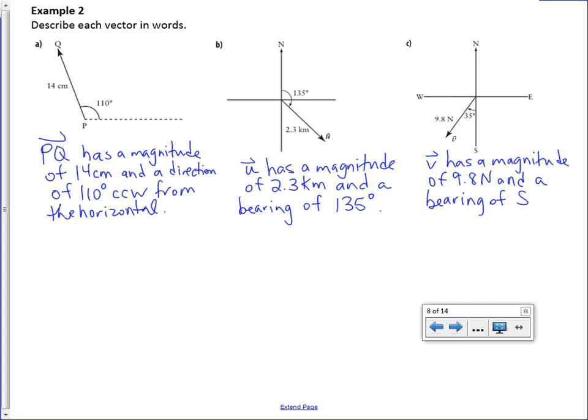And then it goes 35 degrees towards the west. Good. So that's how bearings work.